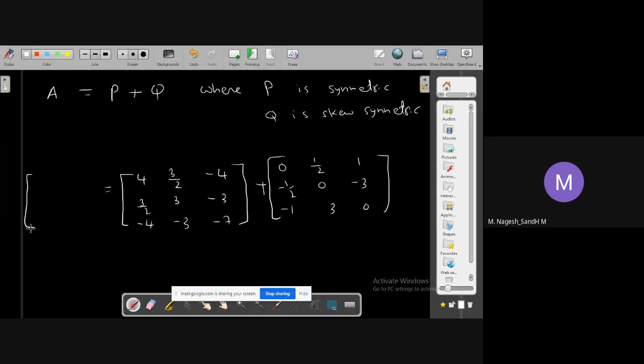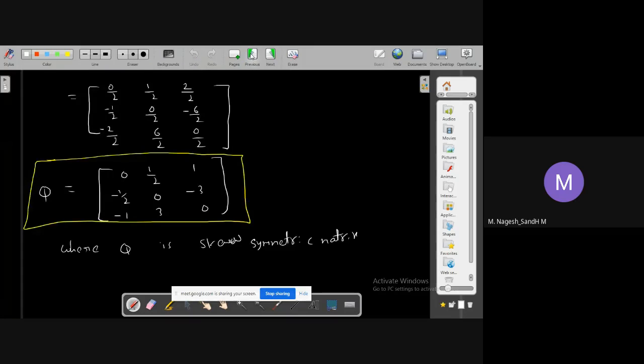My interest is I will write the question also. Why? Actually, finding P and Q is enough, but I want you to know that clearly. So we'll come to the question. What is the question?